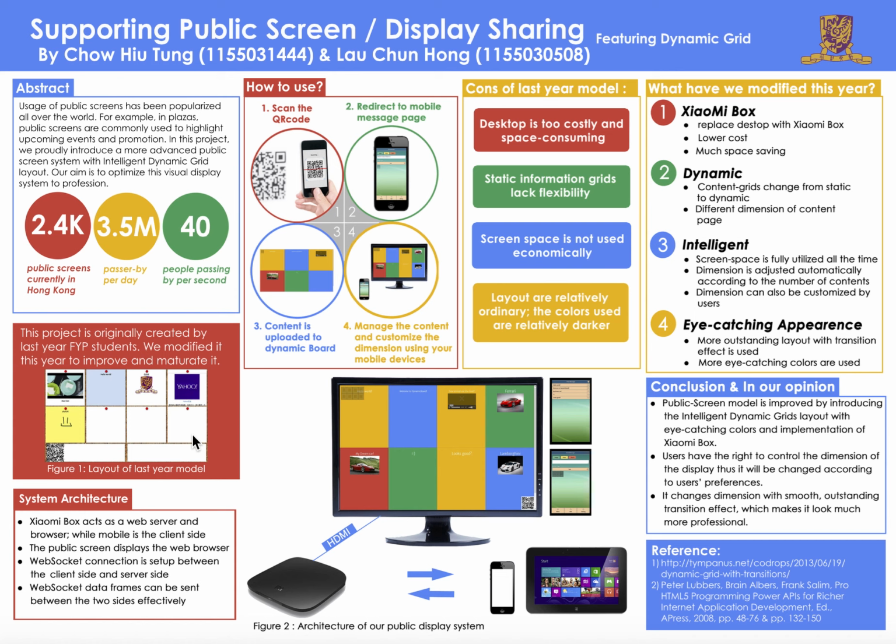So now I will pass to Herman to talk about what we have modified this year. Based on our observation of last year's model, we found that there are four cons, so we have four major modifications. First of all is the Xiaomi box.